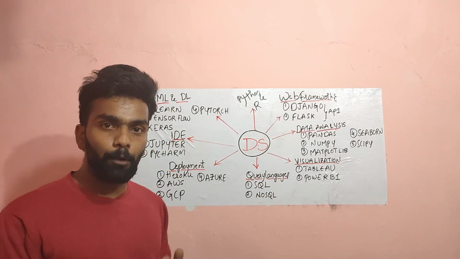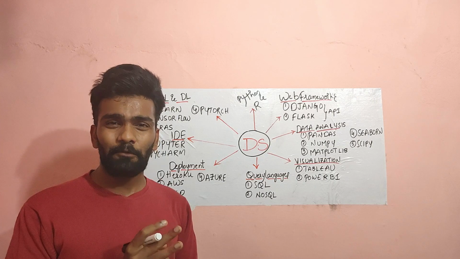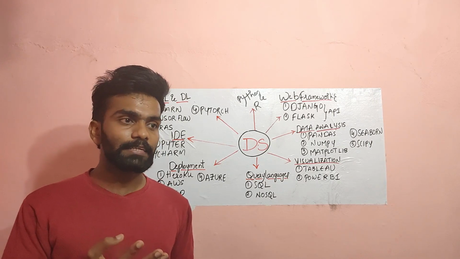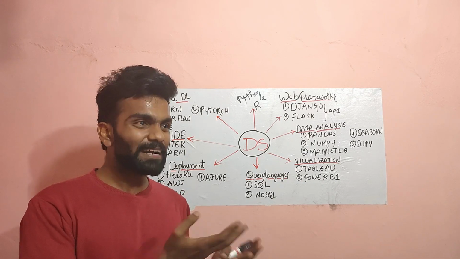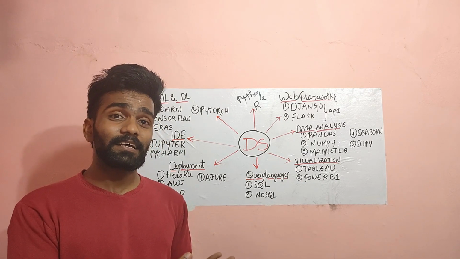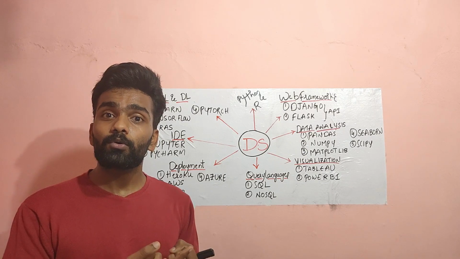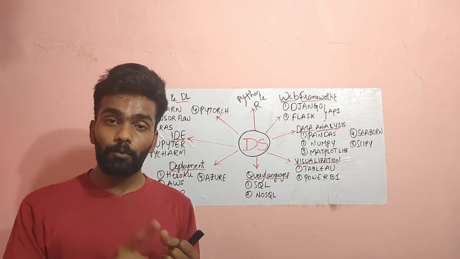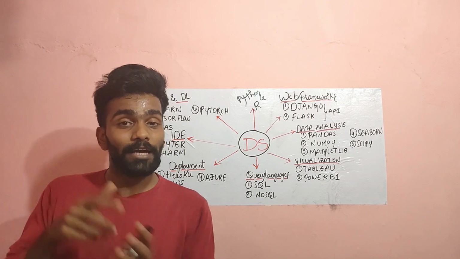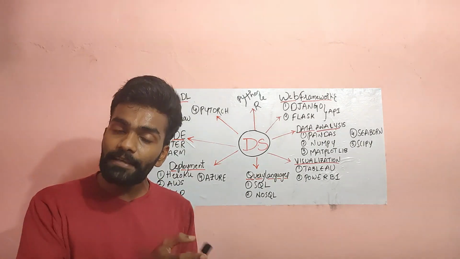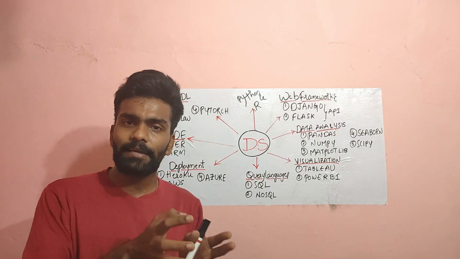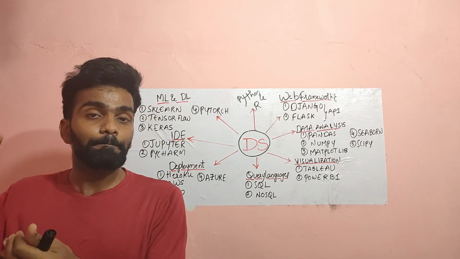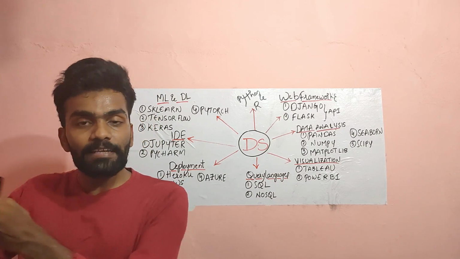And the next one is deployment. You have to understand one thing, why we have to deploy our model. For example, if you have created some basic multiplication program, the program created by you should be accessible for everyone. So if you want to make your program accessible to everyone, definitely you have to deploy that project or model or code to production, like to the cloud platforms, so that everyone can access it.